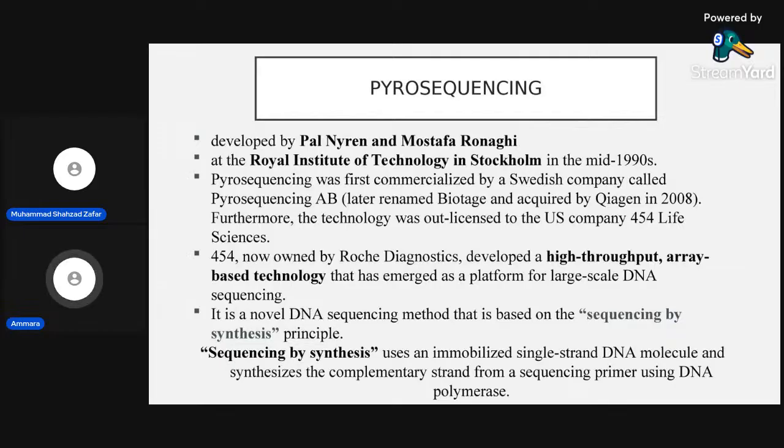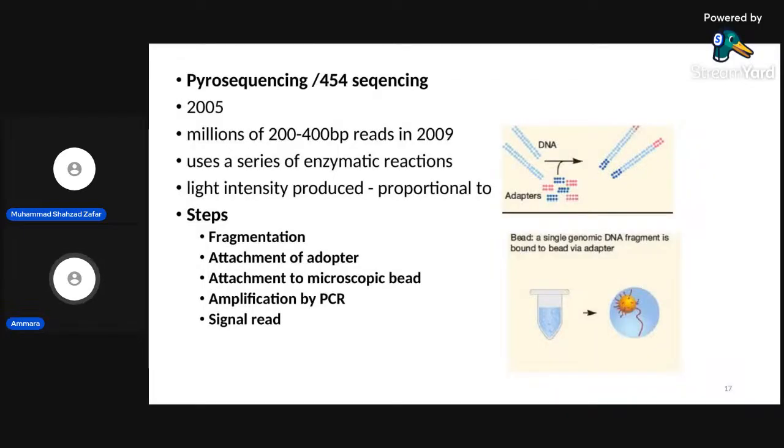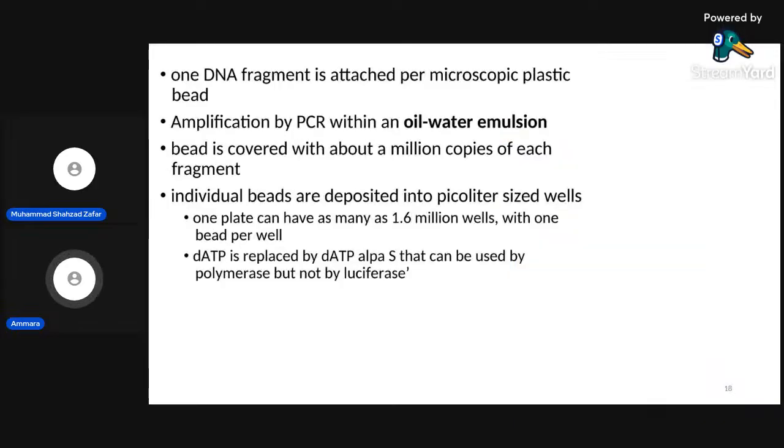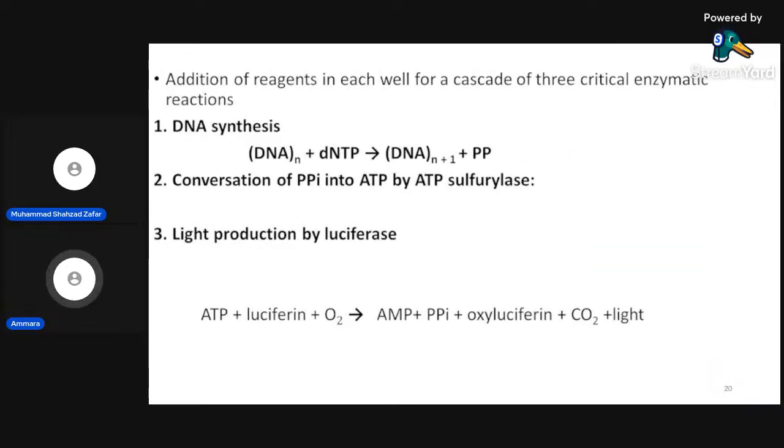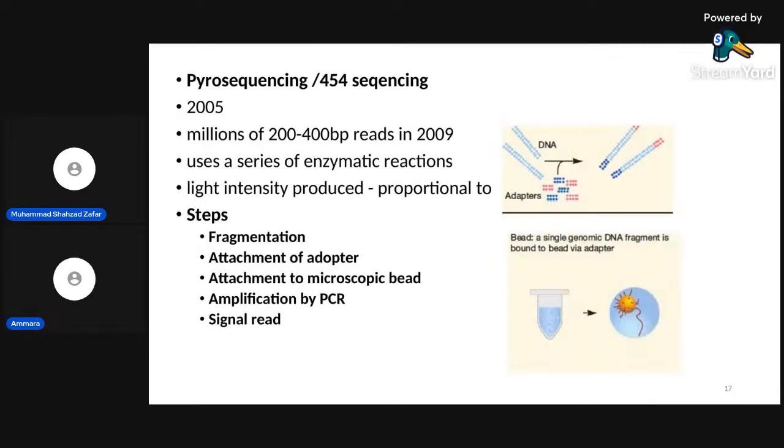And the next approach here is also pyrosequencing. We have discussed very well the extraction of DNA, fragmentation, library preparation, and then we'll attach with the beads, and after that we'll introduce complementary dNTPs.